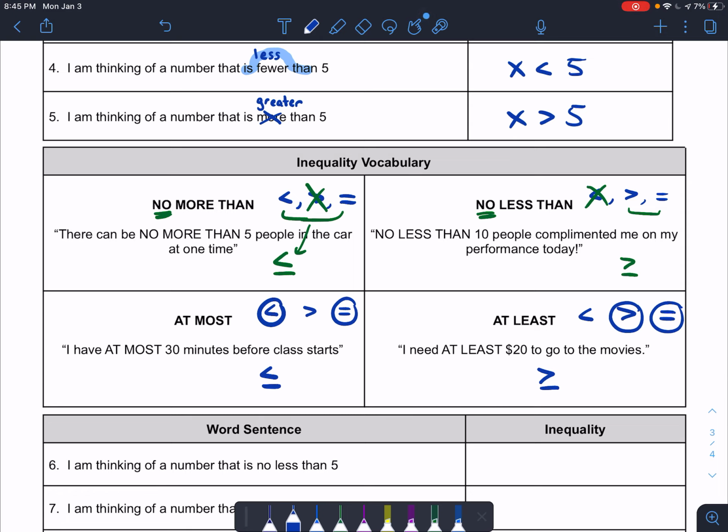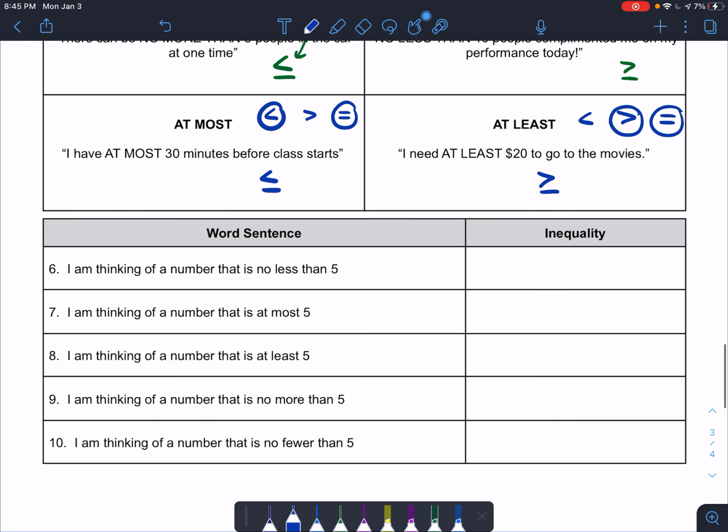Okay, so to finish this off, let's do our strategy one more time of writing out these word sentences in inequality form. Again, I have x and 5 all the way down. Now, don't get in the habit of doing this.